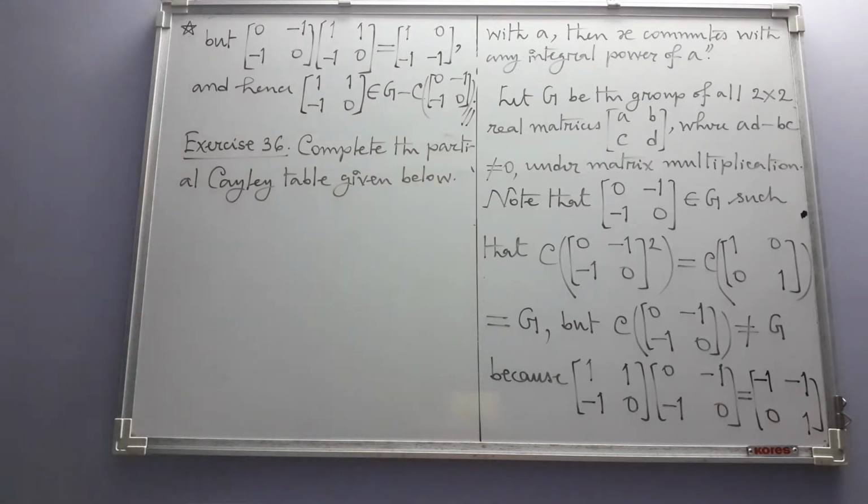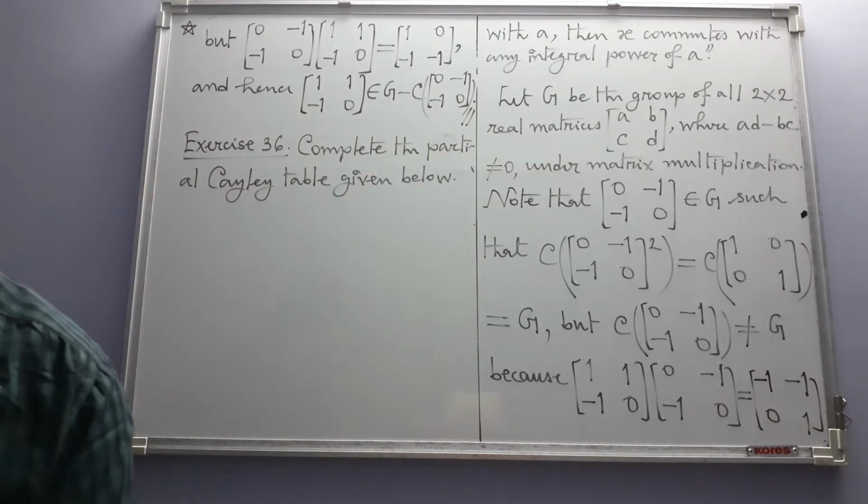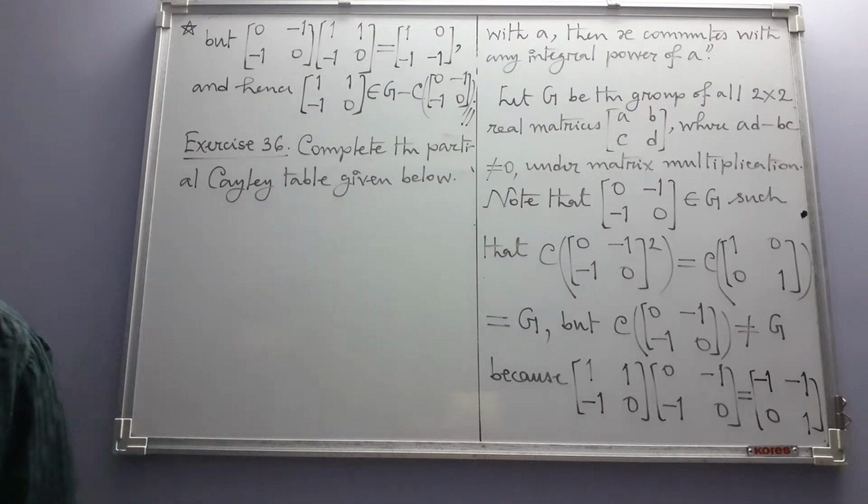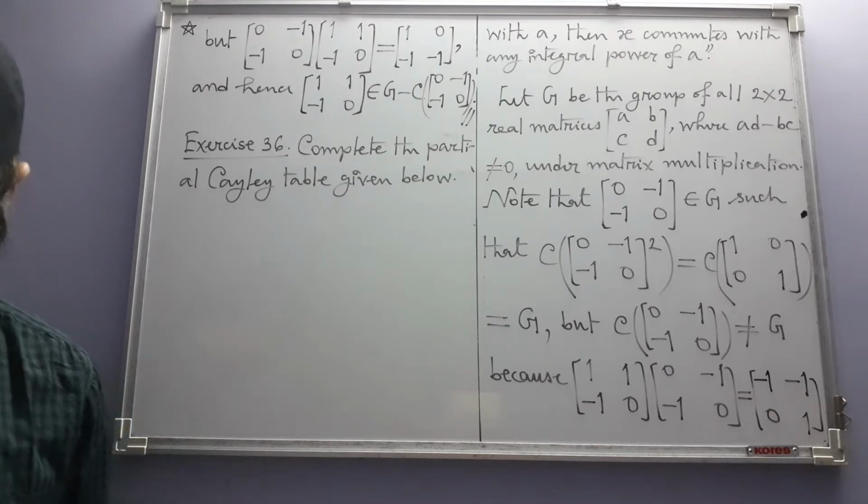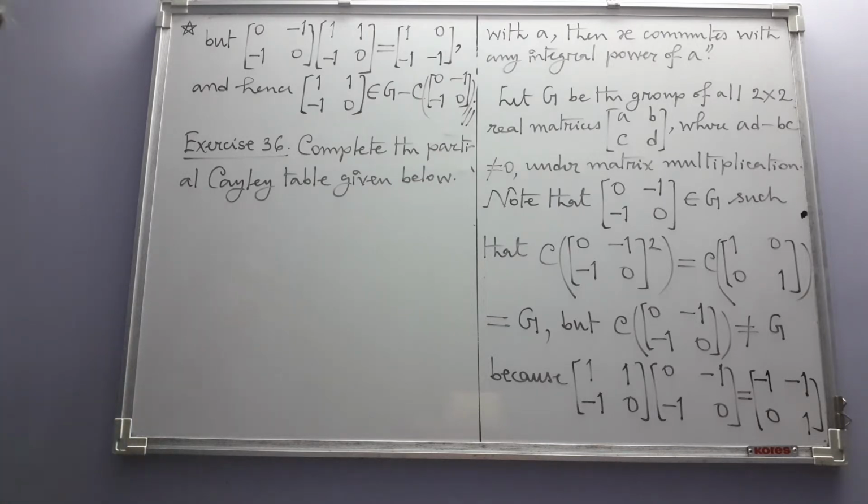Okay, so we have to write this table down. How many? 9. 7, 8, 9.